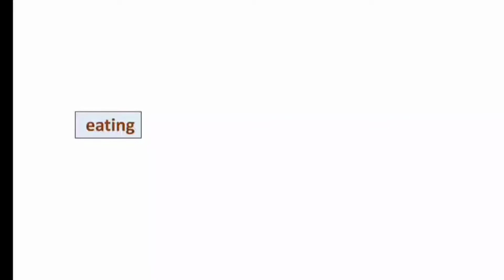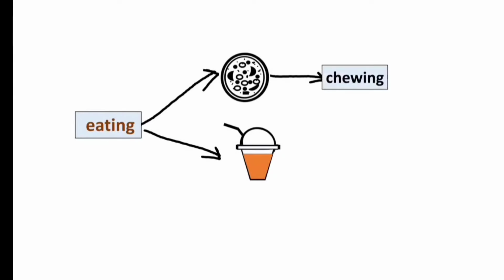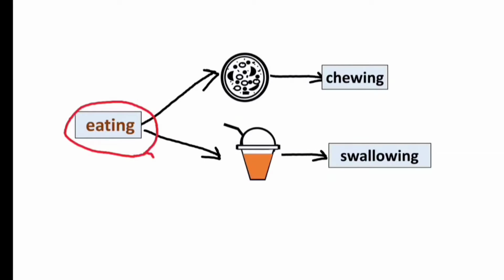If we think, we can eat food in two ways. If the food is solid, then we need to chew it with teeth. And if the food is liquid like juice or milk, then we need to swallow it, right? That means we can eat food either by chewing or by swallowing, right? So in both cases the action is the same, that is eating, but the ways of eating are different.